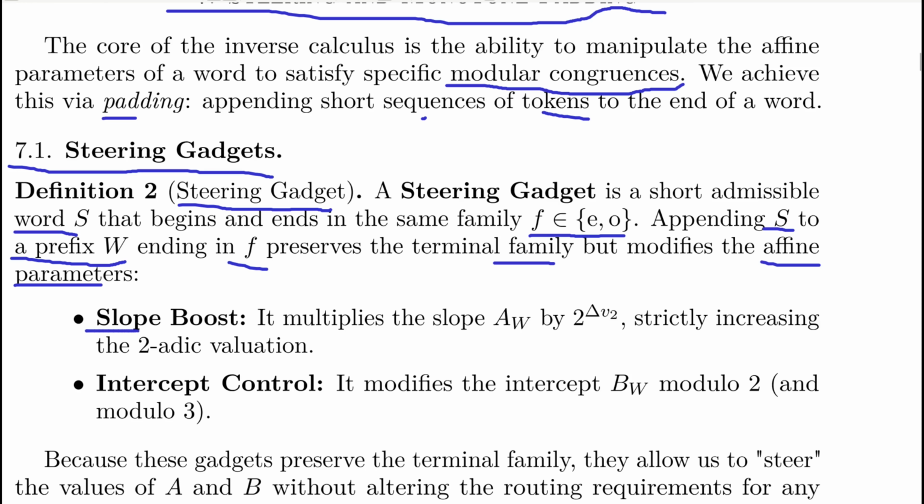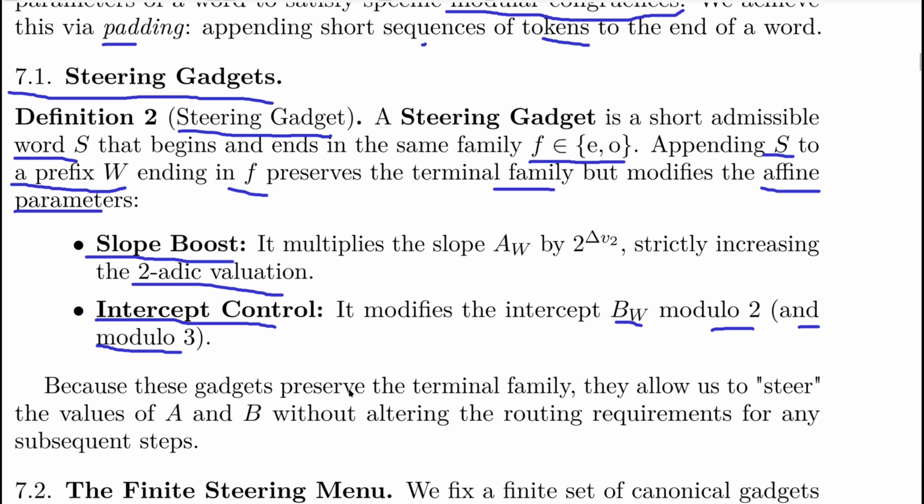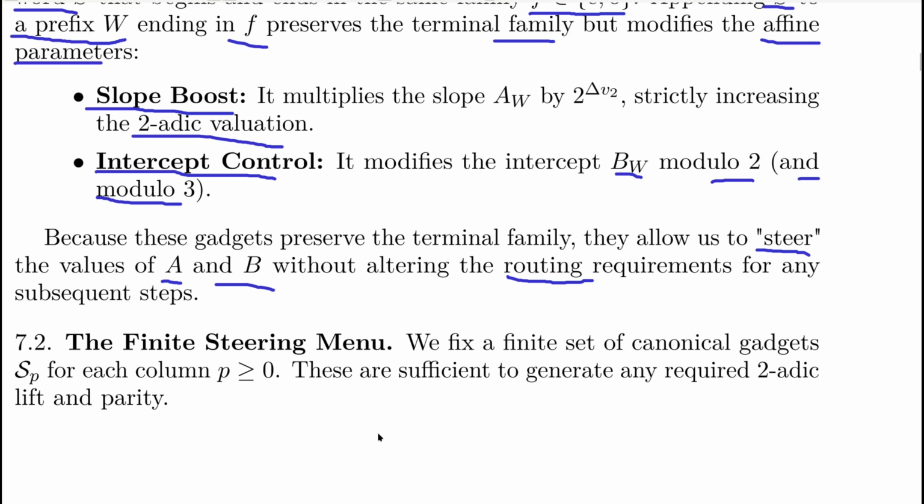So using slope boost, it multiplies the slope AW by 2 raised to delta V2, strictly increasing the two-adic valuation, and intercept control. It modifies the intercept BW modulo 2 and modulo 3. Because these gadgets preserve the terminal family, they allow us to steer the values of A and B without altering the routing requirements for any subsequent steps.